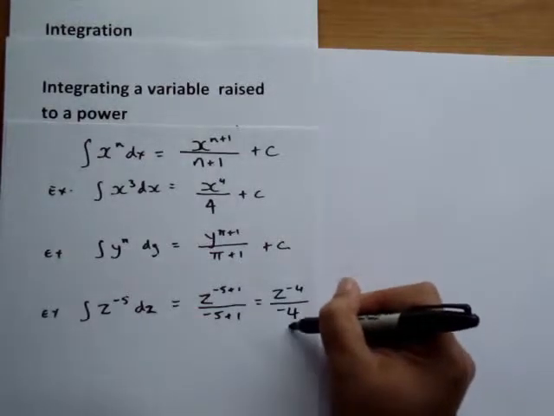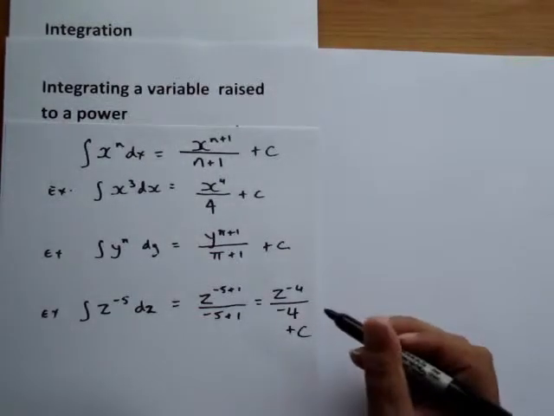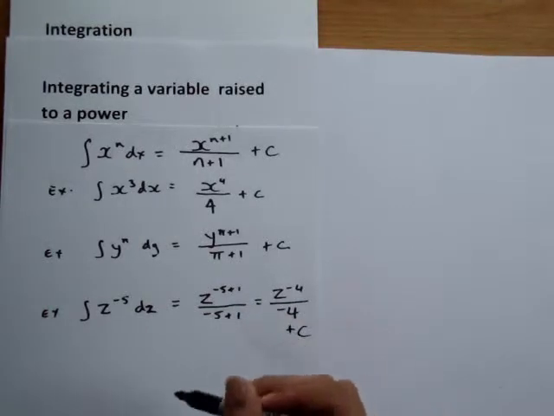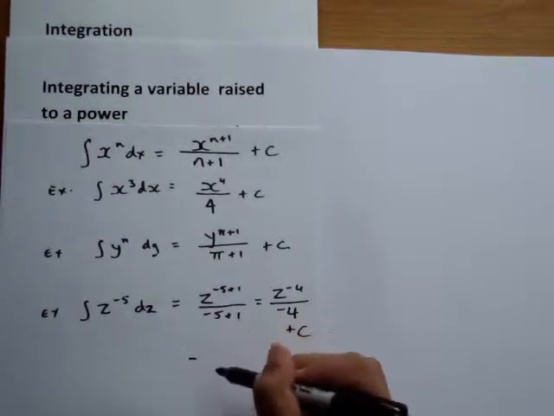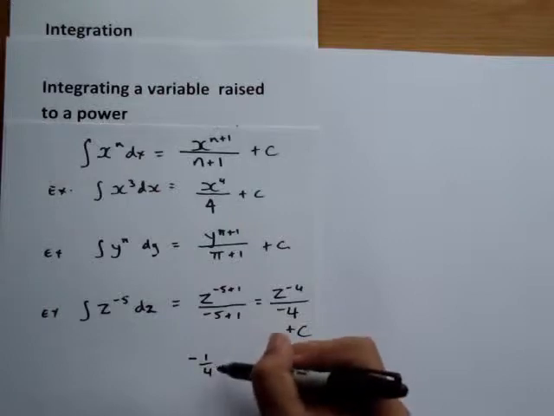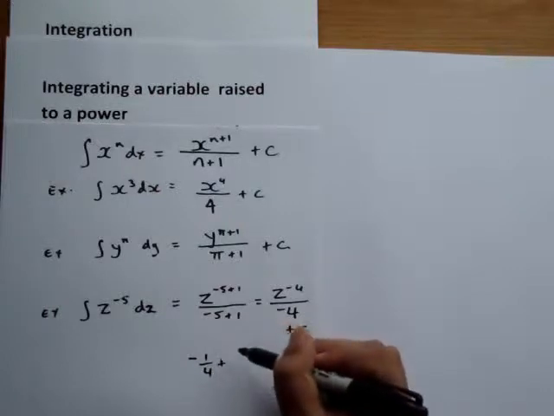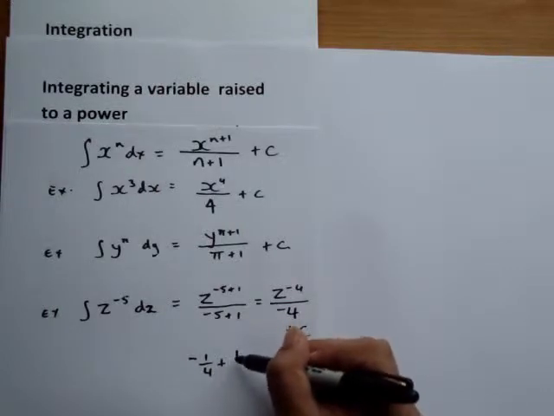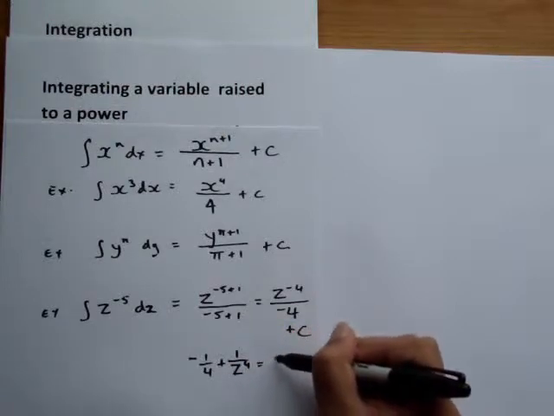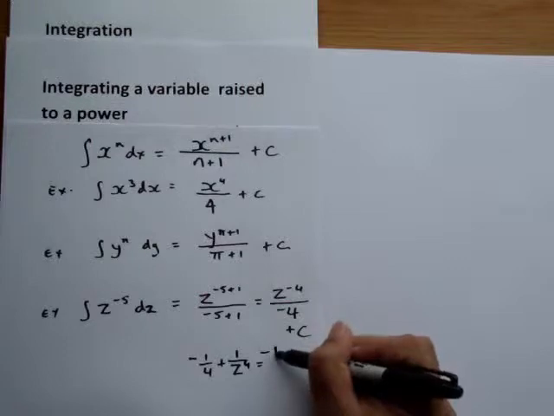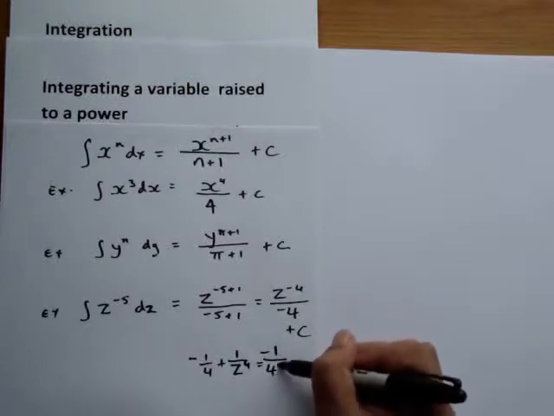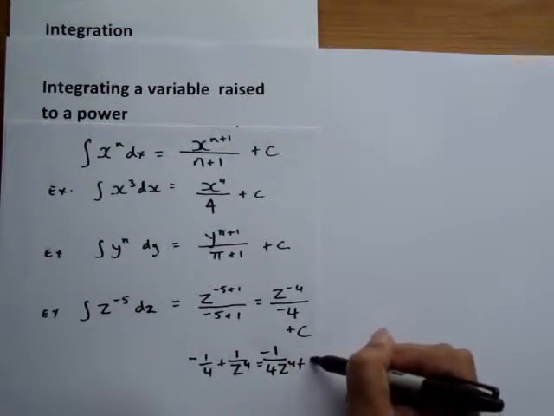And don't forget the plus c. If we rearrange that, we get minus 1/4 times 1 over z to the power 4, which equals minus 1 over 4 z to the power 4, plus c.